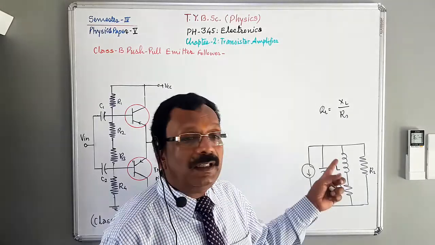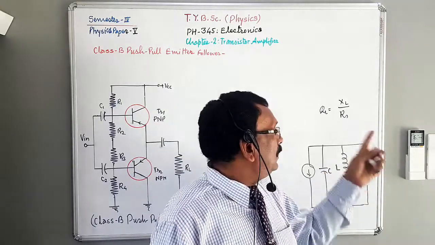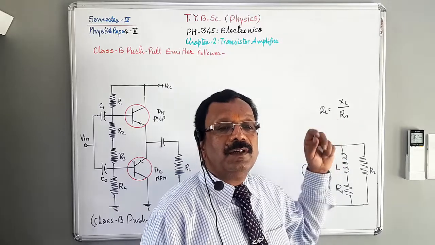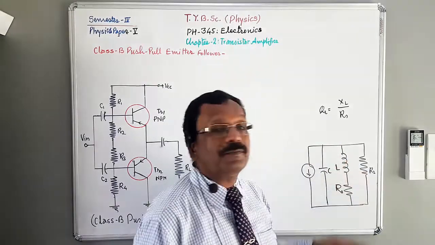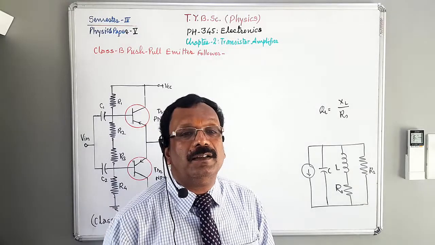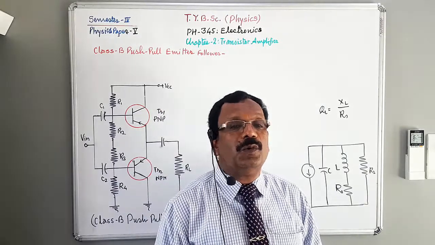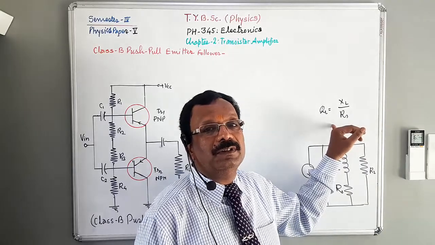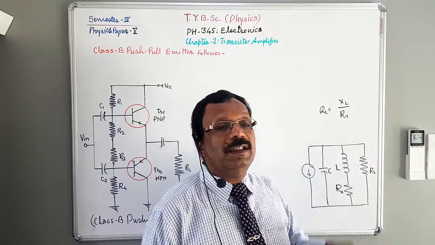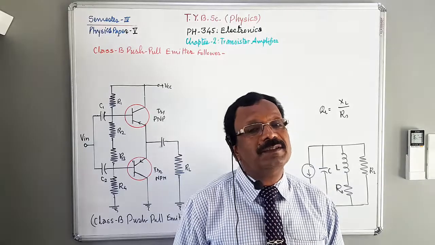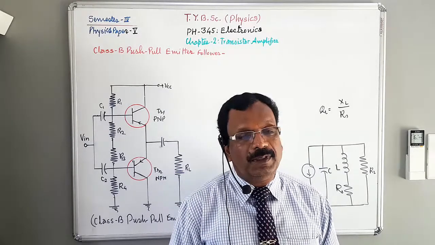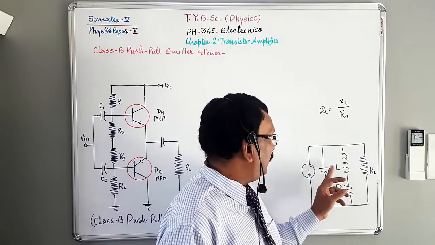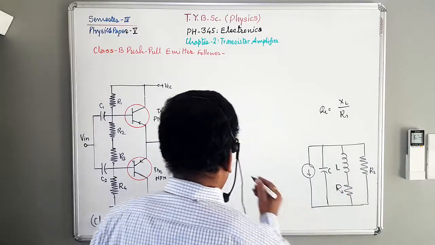This equation gives the quality factor of the coil only. The overall circuit has a lower quality factor because it includes the effect of load resistance as well as coil resistance. Remember that. Now this series arrangement can be replaced by a parallel arrangement like this.